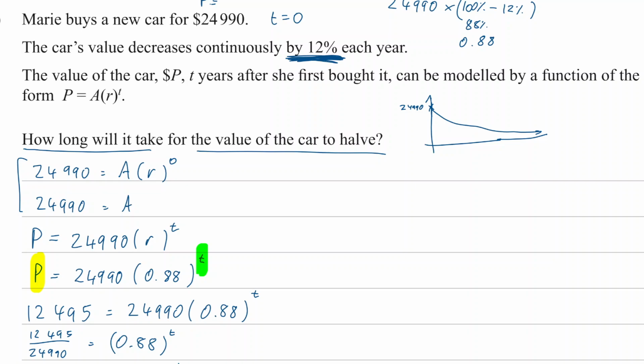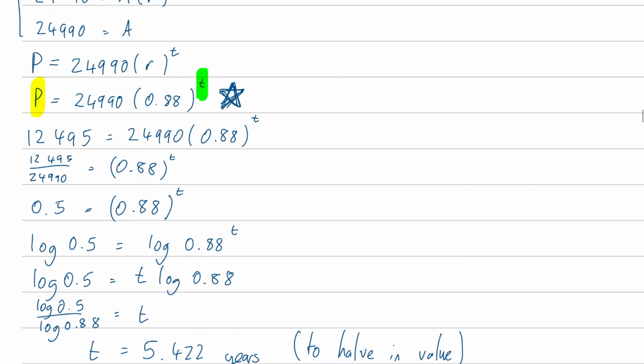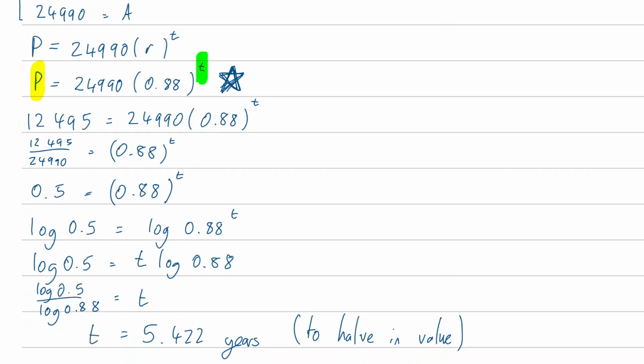So we then had our model, right here. So that was a key step. Then we were looking for the time it takes for the value to halve. So we substituted in half of the value, and we then went on our way to solve for t. In this case we converted it to a log equation to then solve for t.